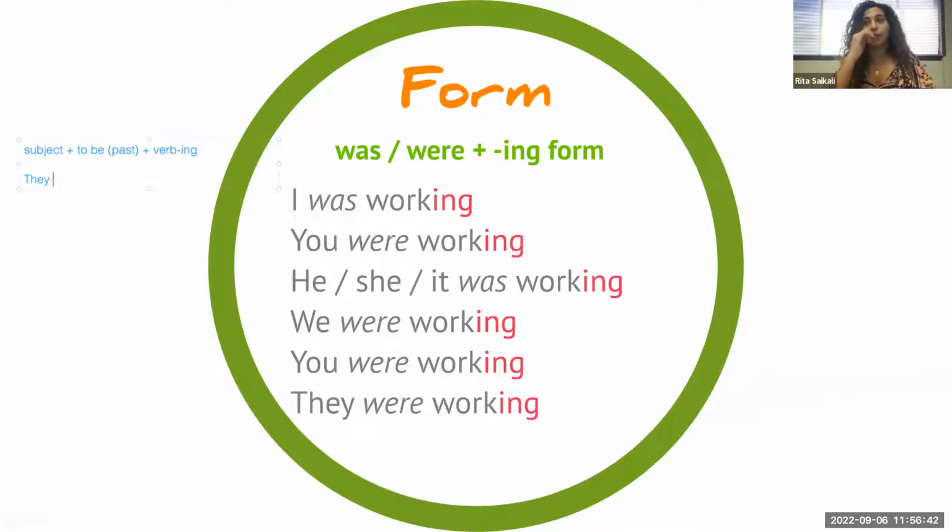Are is in the present. Okay, they were working. They were working, but that's the example we have. So give me another example. They were running. We don't need to put yesterday. Okay, we can if we want to. They were running. Another example.